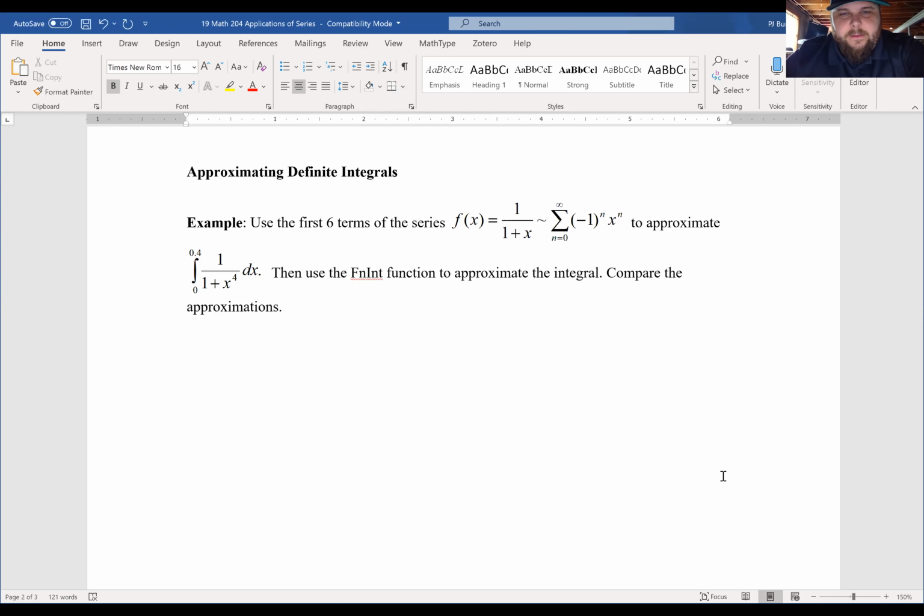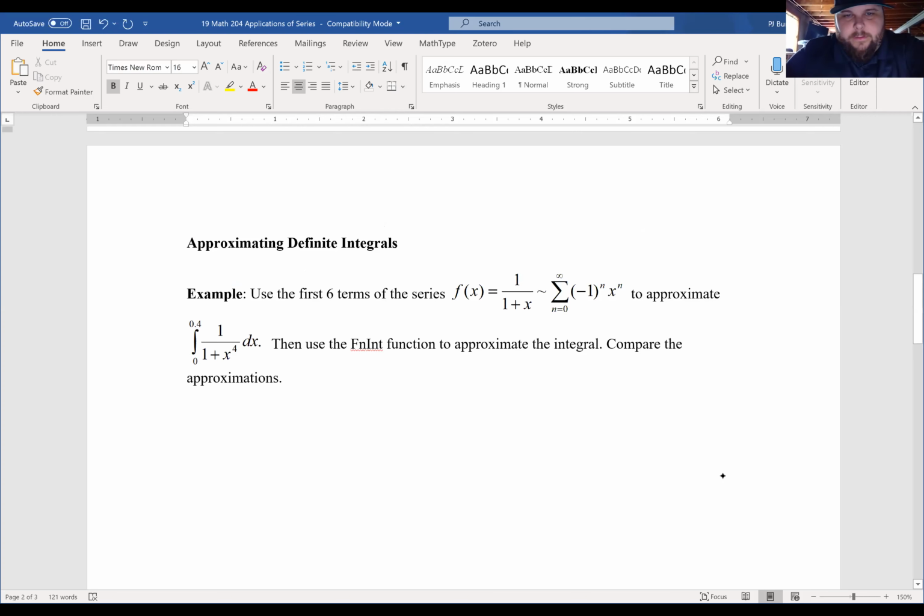So instead, let's go ahead and try to use the power series. It says use the first 6 terms of the series 1 over 1 plus x. But we've got 1 over 1 plus x to the 4th. Well, remember that earlier we had e to the x was x to the n over n factorial.